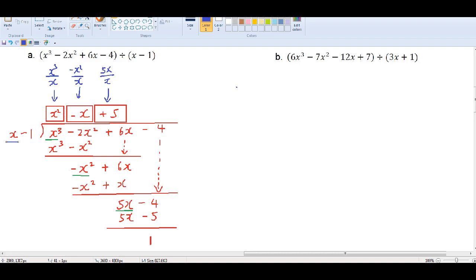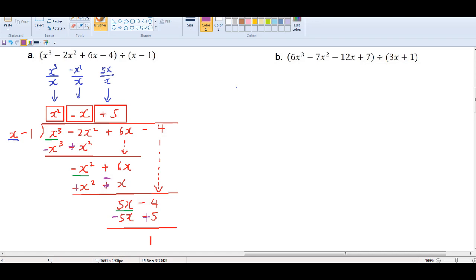Sorry, I need to emphasize that you need to change the sign. I nearly forgot that. Change the sign before you add them. That will give you the answer.